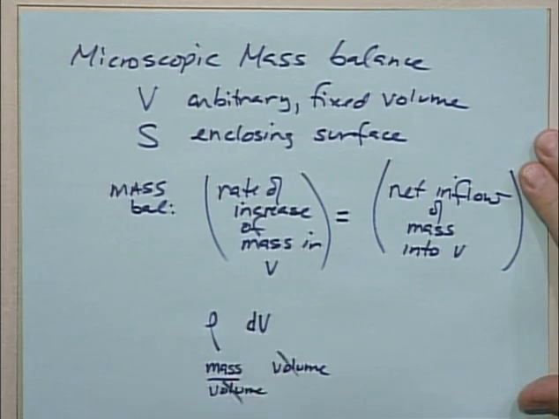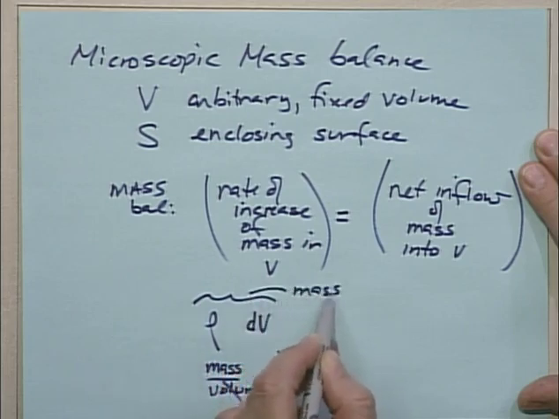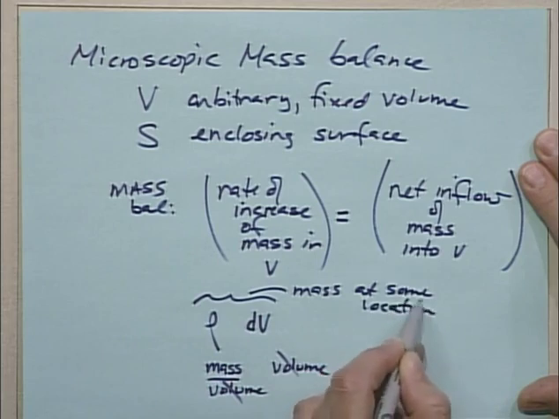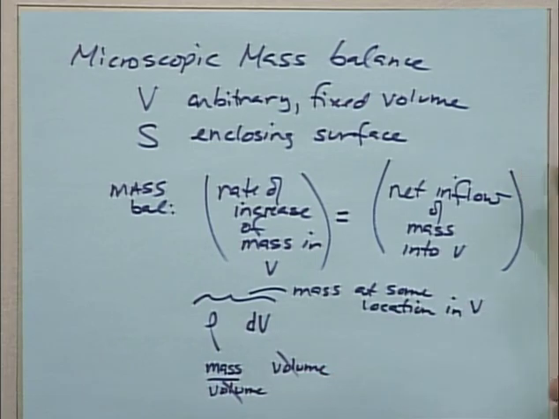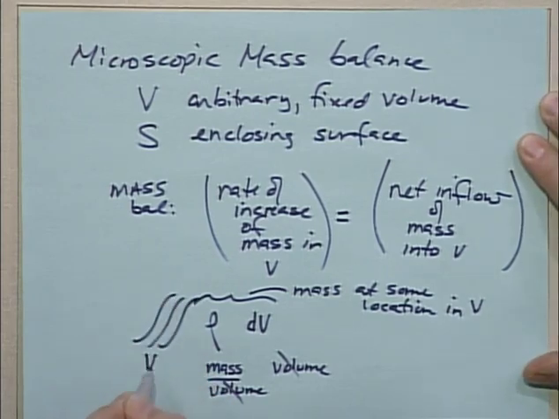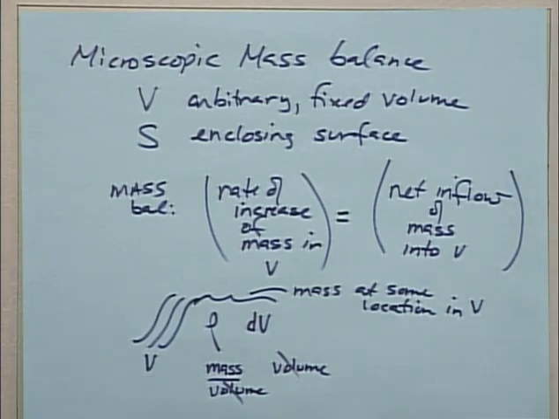That gives me mass, so this is the mass at some location in V. And now I want to sum up that mass over the entire volume V. That's what integrals are for. Integrals are limits of sums. So this integral is the summation of all these little pieces of volume. If I integrate this over the volume V, I've got the total mass inside the volume V.